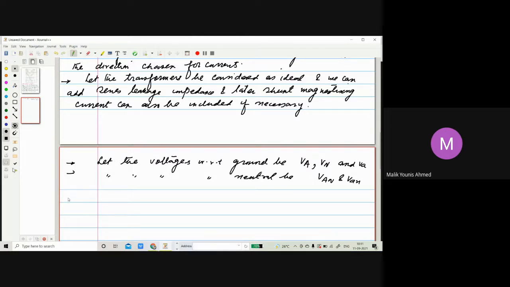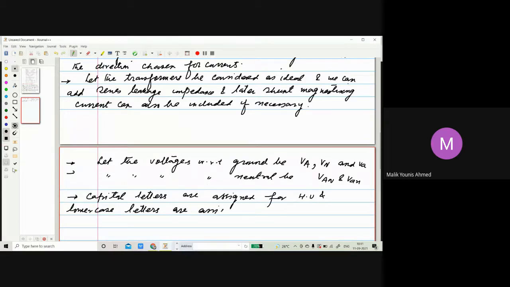So here, about the notations: capital letters are assigned for the high voltage side, and lowercase letters are assigned for the LV side.